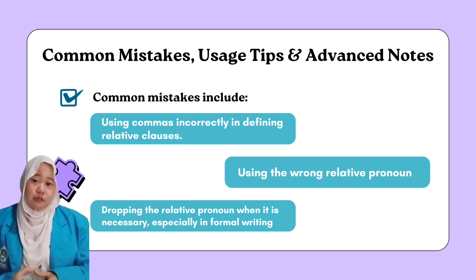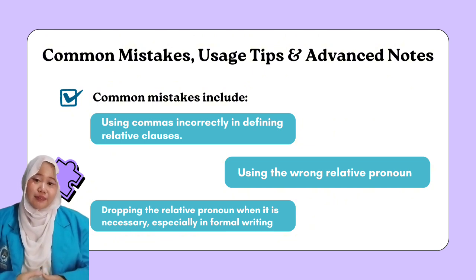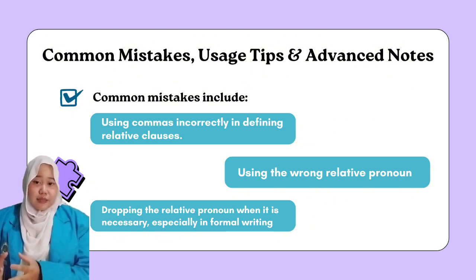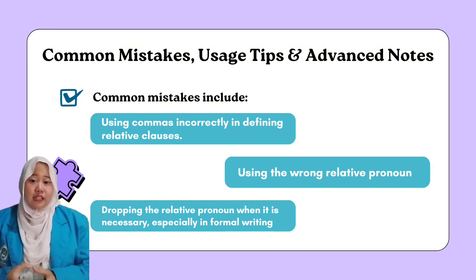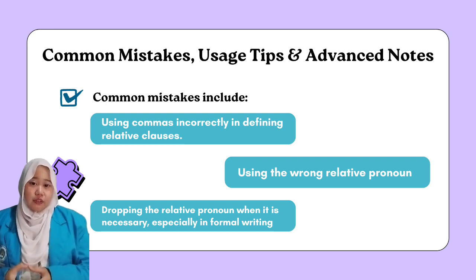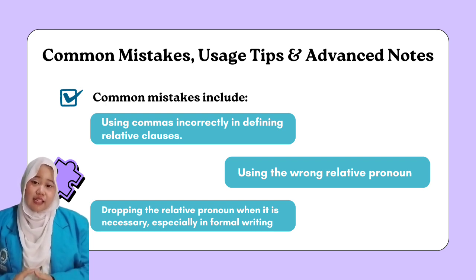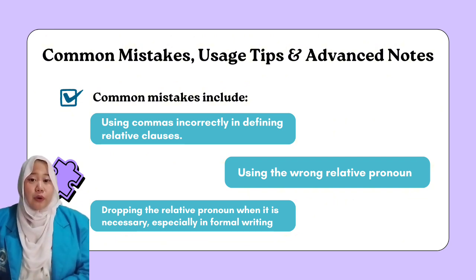While it's sometimes okay in informal English, in formal writing it can make your sentence incomplete and awkward. Relative pronouns are not only for joining sentences but also for clarifying exactly who or what we are talking about. That's why choosing the right pronoun is so important.